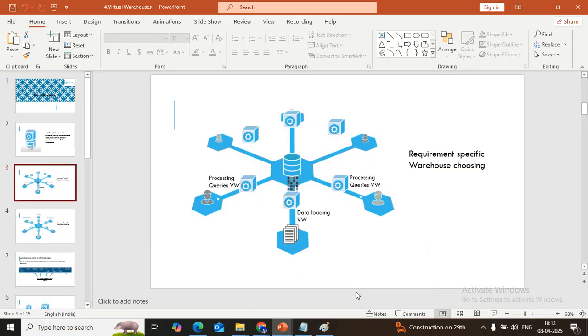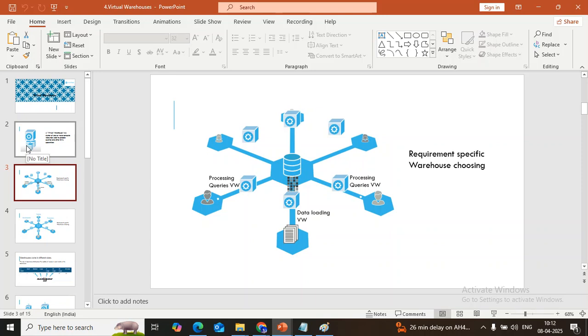So I was talking about the environment. Suppose you join an organization, or the interviewer asks, suppose you are joining an organization and you have to set up Snowflake from scratch. How are you going to design it?